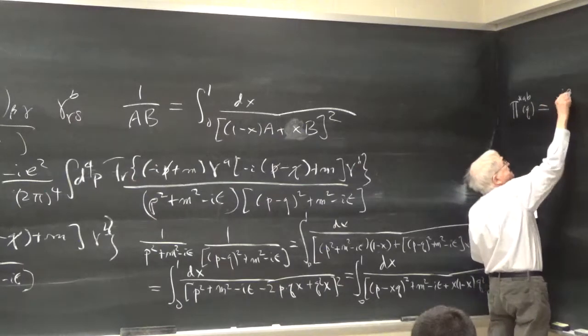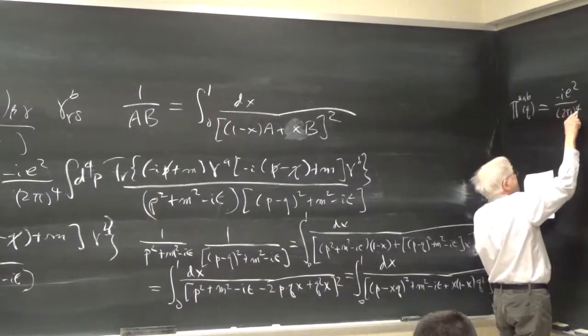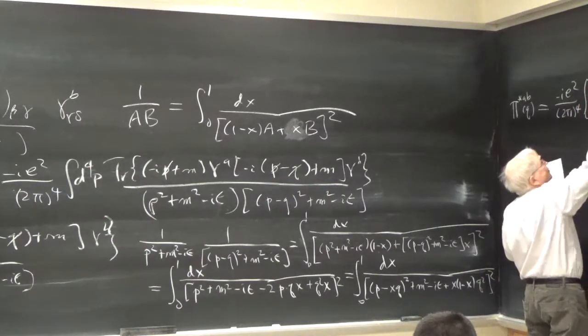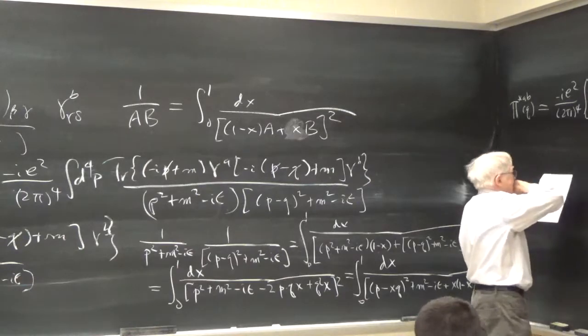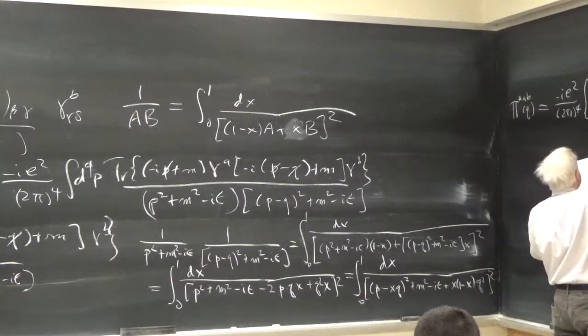So this is minus i e squared over (2 pi) to the 4th, integral from 0 to 1 dx, integral d4p. And after the shift, the trace is a little more complicated.